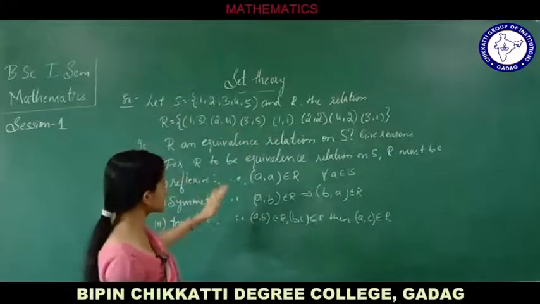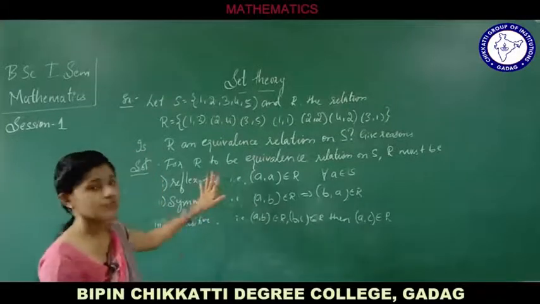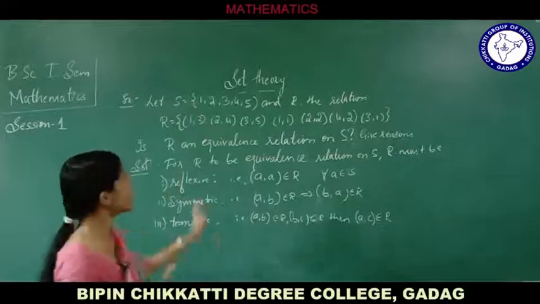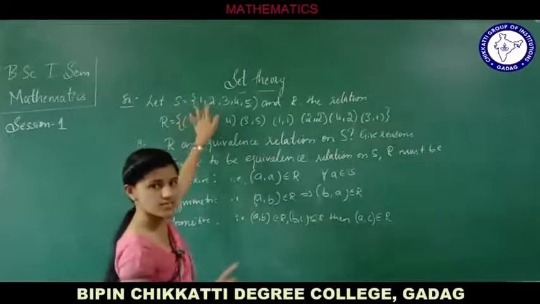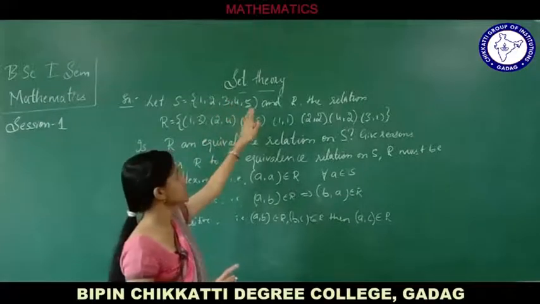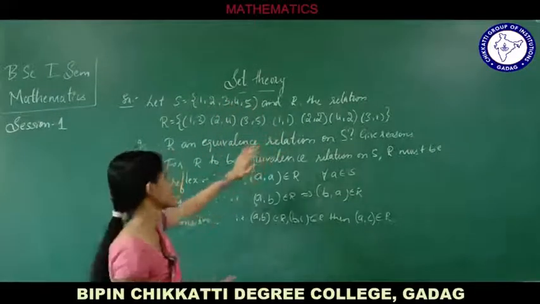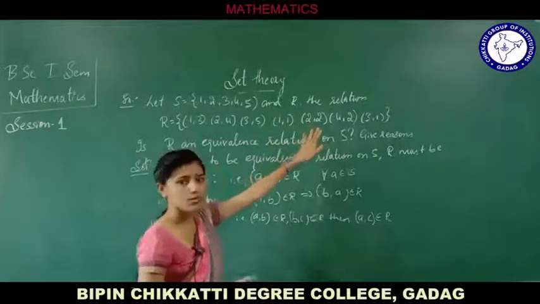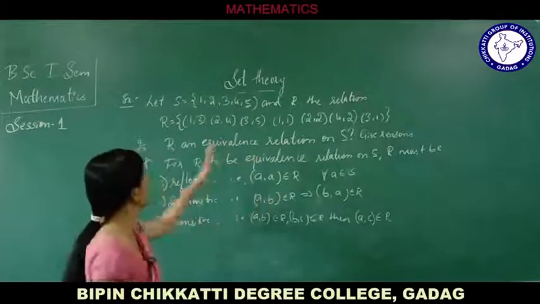First, let us look at reflexive. For reflexive, for all numbers, (1, 1) should exist, (2, 2) should exist, (3, 3) should exist, (4, 4) should exist and (5, 5) should exist. We have (1, 1), we have (2, 2), but do we have (3, 3)? I think we do not.